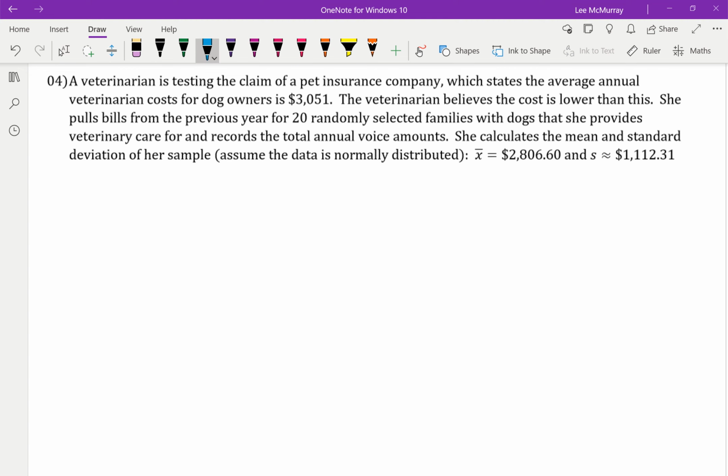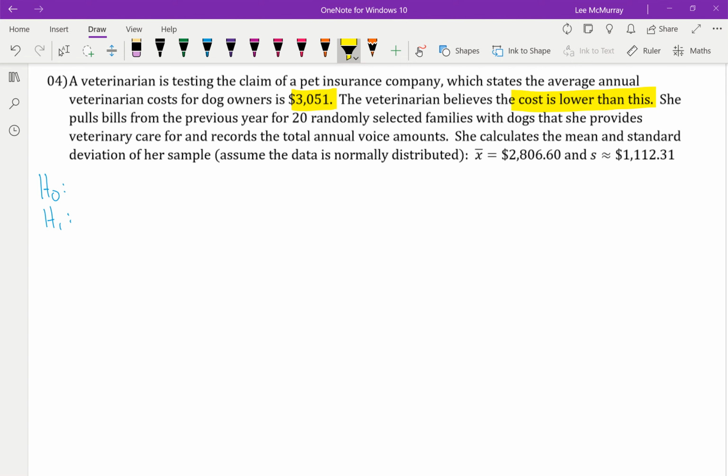Okay, so let's start out as we normally do with our H0 and our H1. So the claim here is that the veterinarian cost is, she said it's $3,051, but her claim is that the cost is actually lower than this.